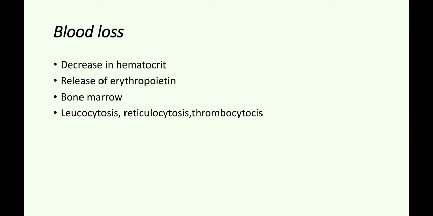When the hematocrit decreases, there will be release of erythropoietin to compensate for this decrease in RBC, which increases the activity of the bone marrow. Thereby all the cells will increase, that means leukocytosis, reticulocytosis, and thrombocytosis. The earliest change that occurs in the peripheral blood after acute blood loss is leukocytosis.